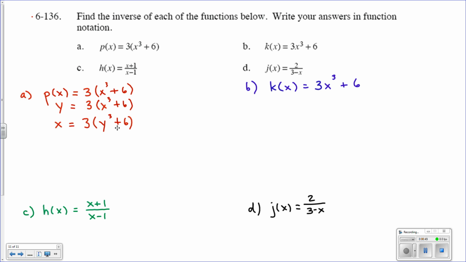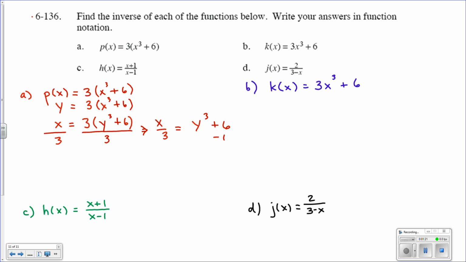In order to solve this for y, we're going to have to get rid of the 3 on each side. So let's divide each side by 3. So right now we're looking at x divided by 3 is going to equal, and actually let's separate that, y to the third plus 6.